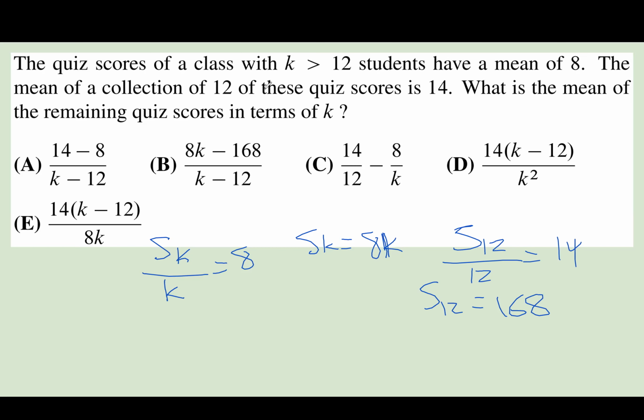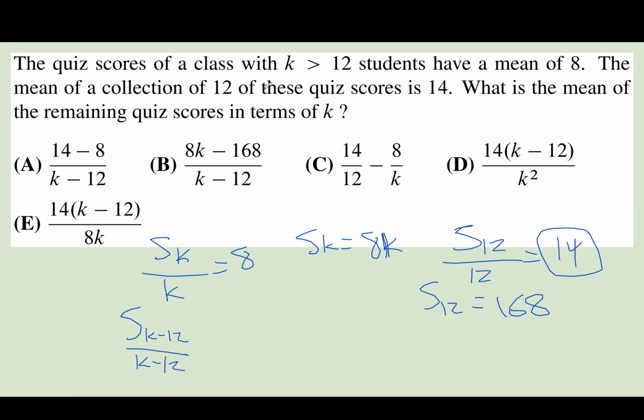Now, we want the mean of the rest of the scores. So we basically have K tests lined up. We took 12 of them away and realized that they had an average of 14. So now we're left with K minus 12. We want to find S sub K minus 12 divided by K minus 12. Well, think about it.